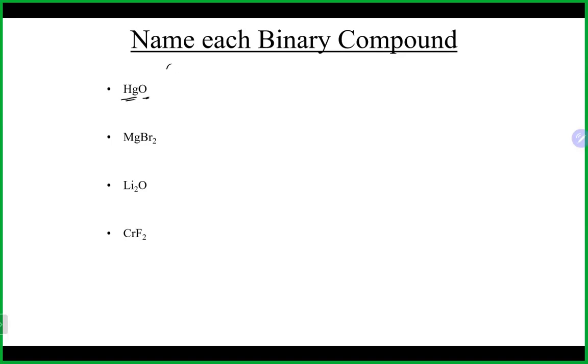And oxygen here is a -2. That means the mercury here should be a +2. And is this mercury 1 or 2? This is mercury 2. And this is mercury 2 oxide because there's not an extra 2 down there, right? So there's no extra 2 on the bottom. That's how we know that it is mercury 2.